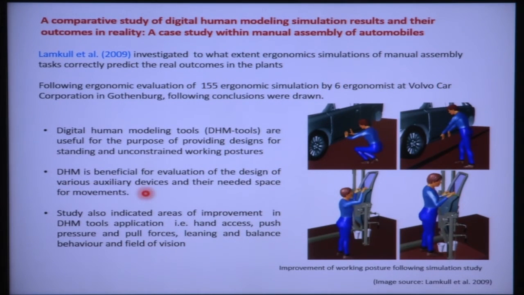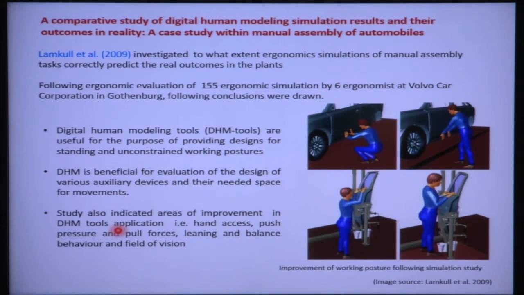Digital human modeling is beneficial for evaluating the design of various auxiliary devices and their needed space for movement. So, while those auxiliary tools or equipment are being used, how much space is required can also be defined using digital human modeling study.